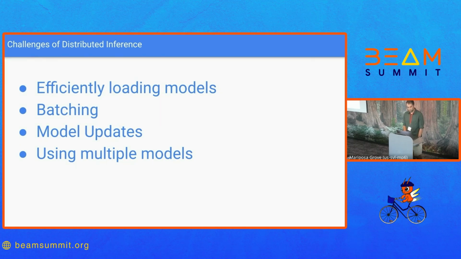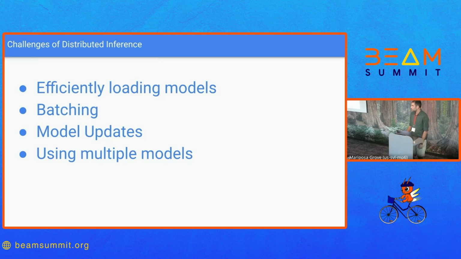This is really common, and something that is not necessarily trivial if you're rolling it yourself. All of these, whether you're doing it just on normal compute or within the context of Beam, are pretty tricky actually. It involves managing your infrastructure and maybe setting up multiple processes, and it's just not super trivial to do at scale in a way that makes sense.